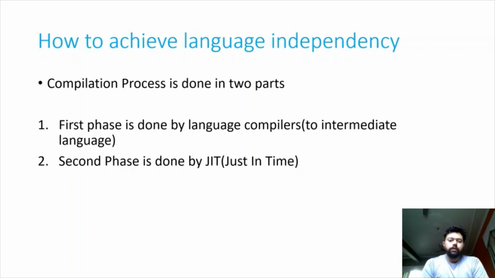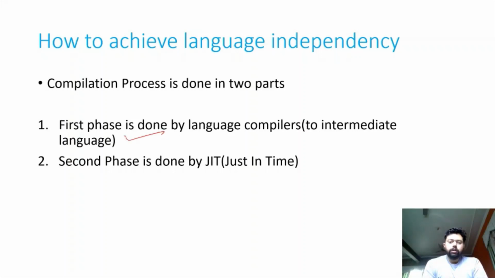If we compile a particular language that supports the .NET framework, the compiler will convert it into the intermediate language. So the first phase is done by the language compilers.